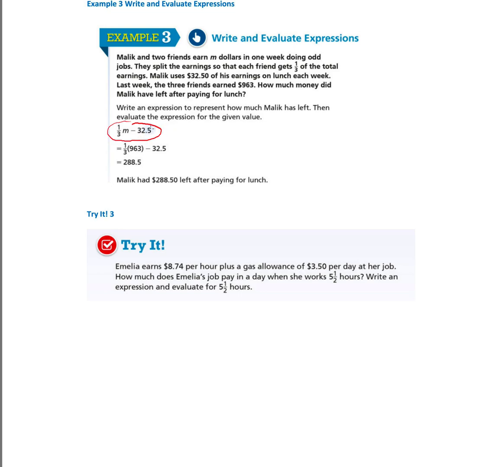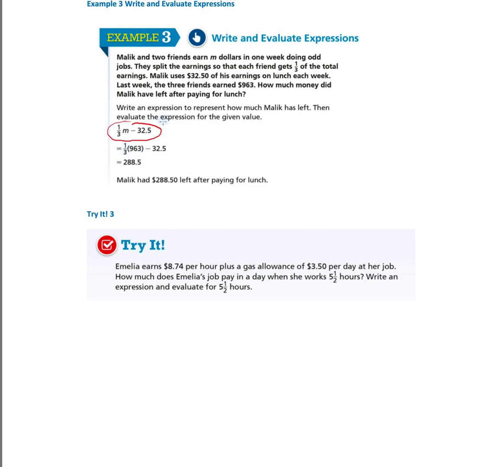So what we do at that point is we take this expression and we replace this money variable, this M dollars, with the $963 that we're told right here. And then if we do this calculation, we multiply first, because multiplication is done before subtraction. You multiply 1/3 of 963, which is 321.